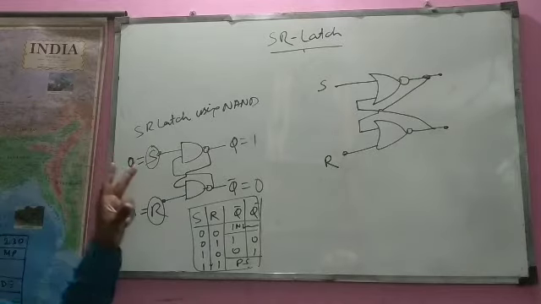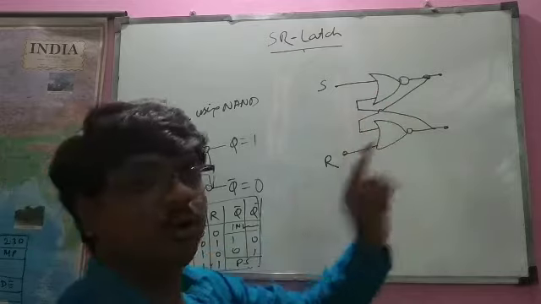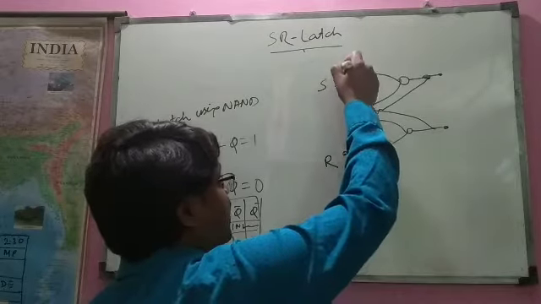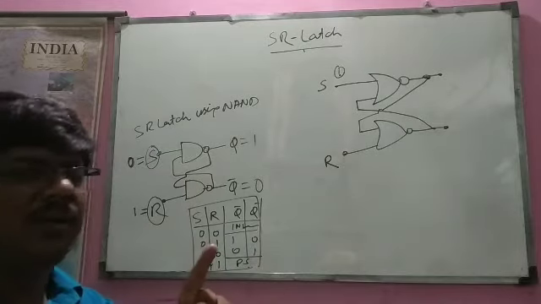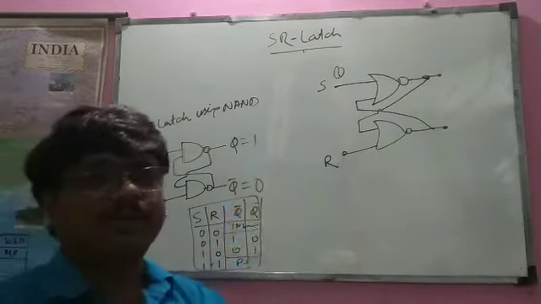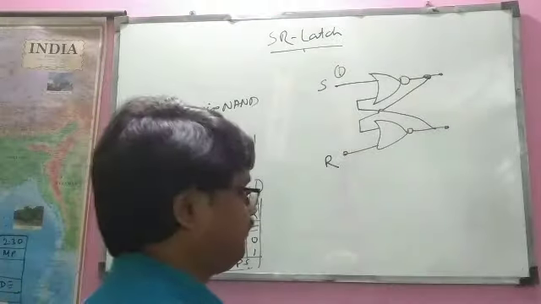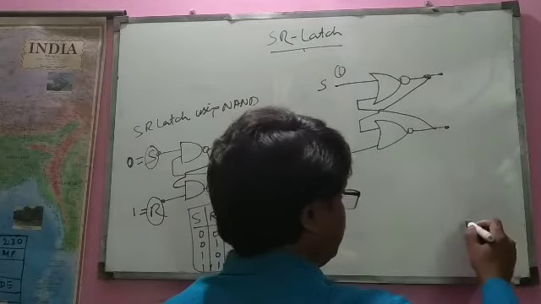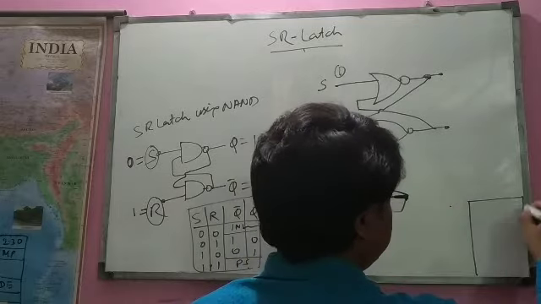The enable of the NAND gate is 0, but the enable of the NOR gate is 1. If you provide 1 here, and only one input of the NOR gate is 1, what will happen? See, this is the NOR gate output. Okay, we'll see the NOR gate here.